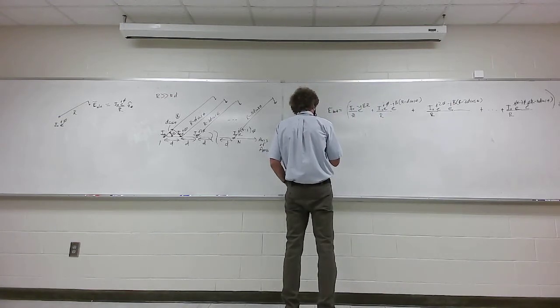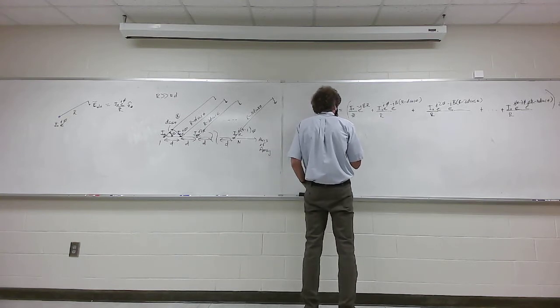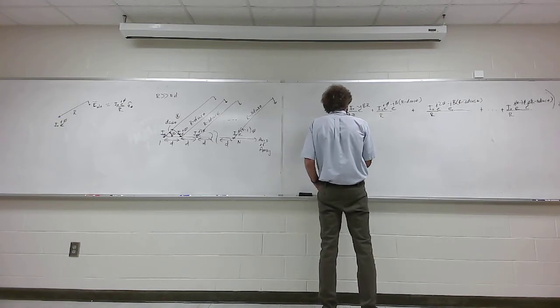So I say E total is equal to I naught over R, and then it's going to be e to the minus j beta r here.